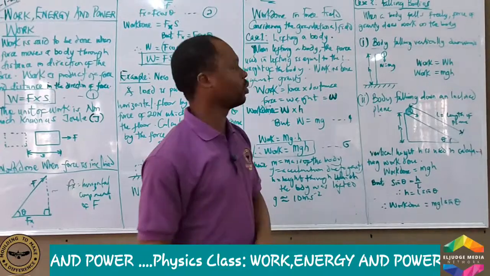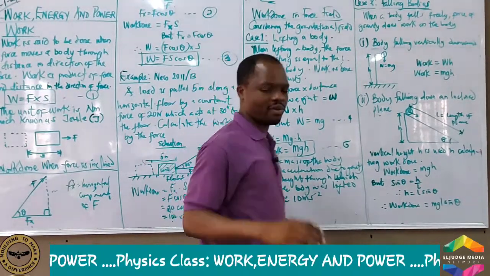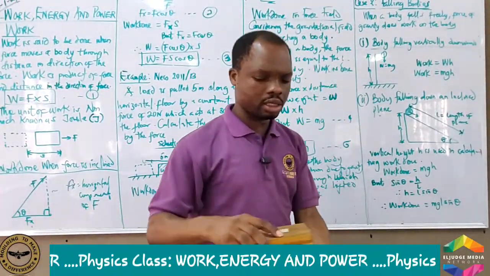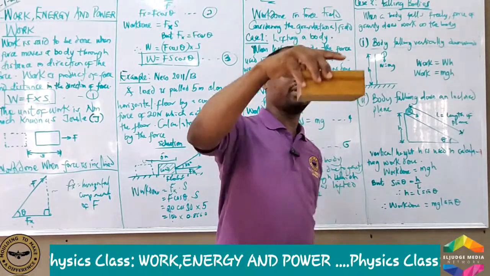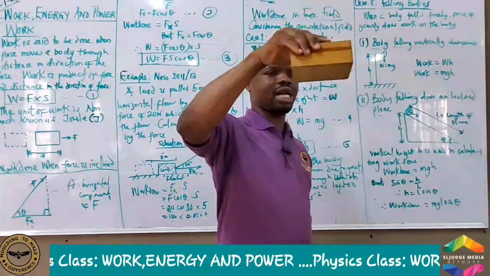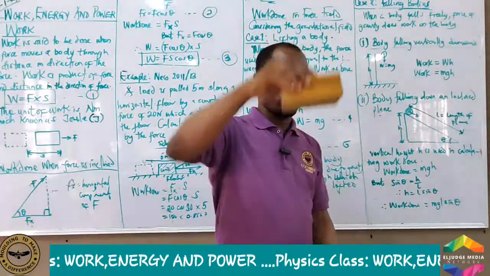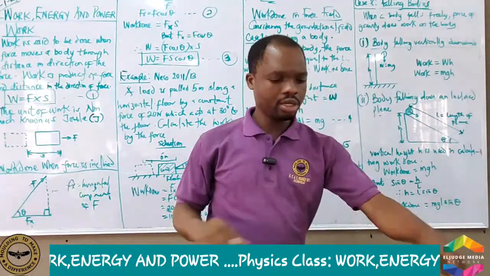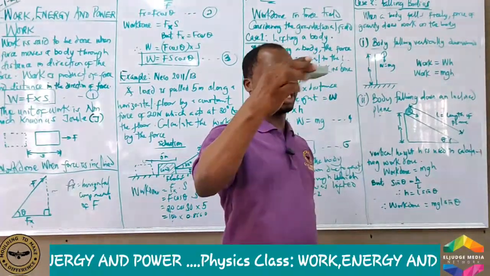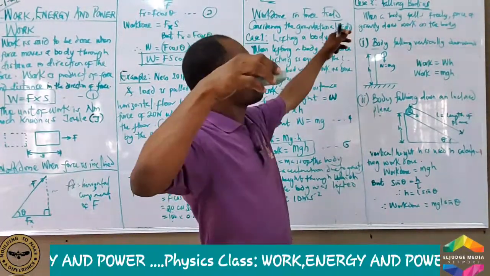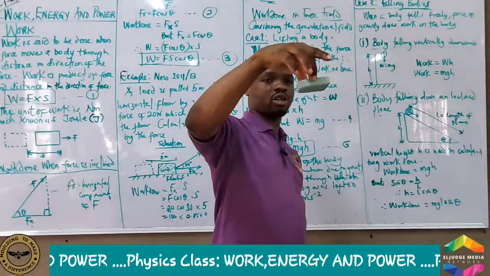Now let's look at case 2. In case 2, we have issues of falling bodies. Now this object was held at a particular height. Let me use another body. This particular object falls freely under the force of gravity.